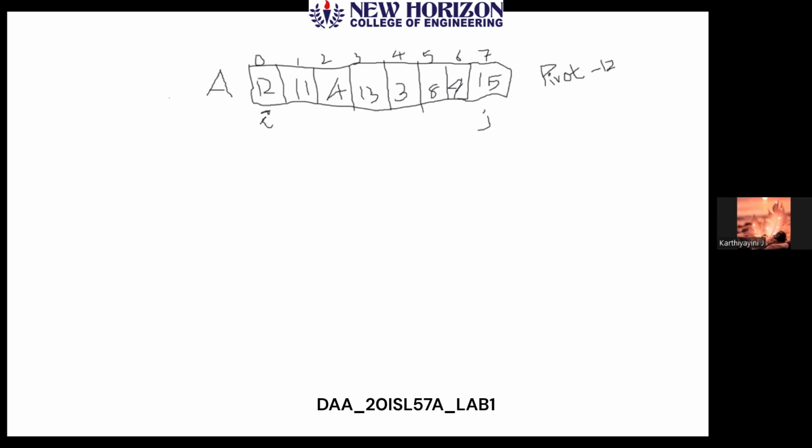Again, you have to compare the pivot element with the array elements with respect to i and j. First we take i: if a of i is less than or equal to the pivot, maybe 12 is given twice, then you just increment i. You should not swap anything because it has to be on the left-hand side of the pivot element after partitioning.